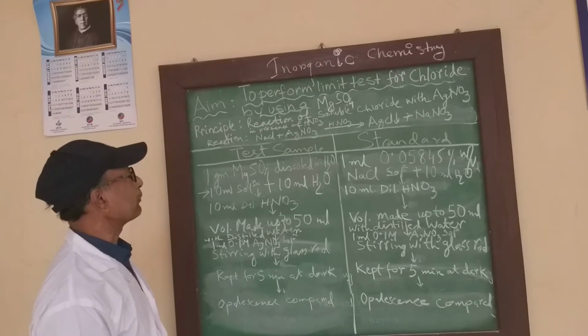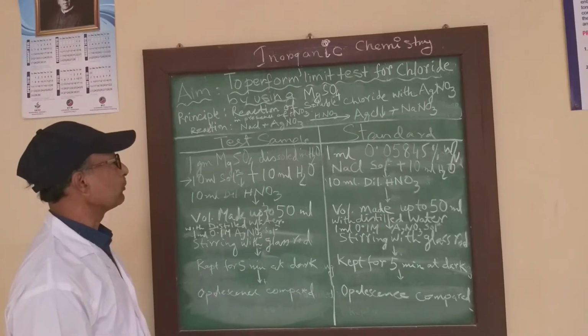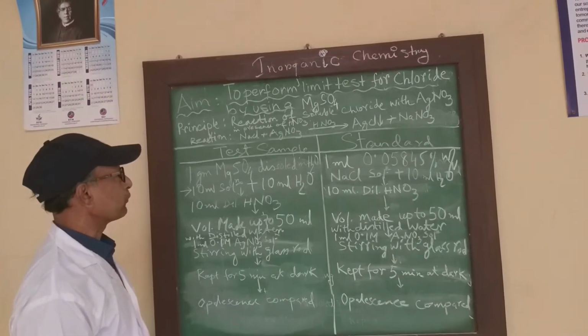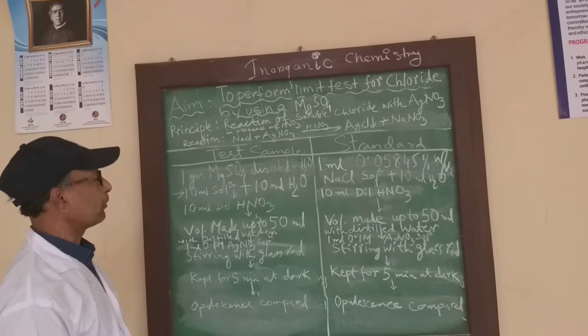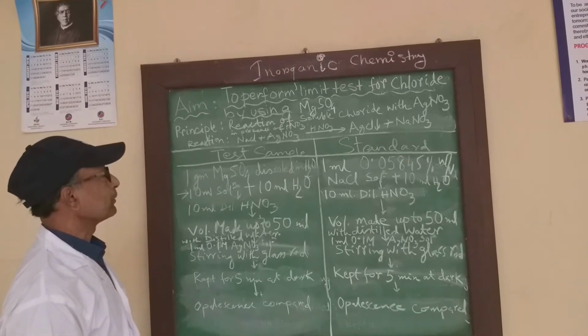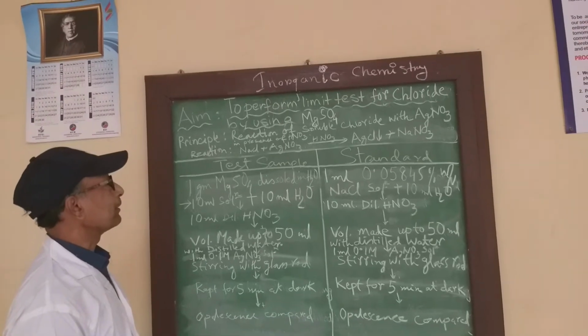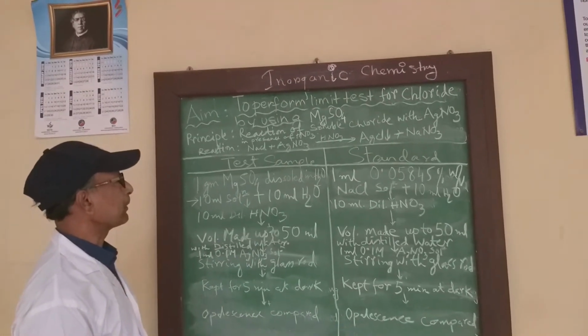If it has more chloride, more silver chloride will be produced, so turbidity or opalescence will be more. Finally we will compare the turbidity or opalescence with the standard solution, and that will give you the amount of chloride present, whether the limit is permissible or not.